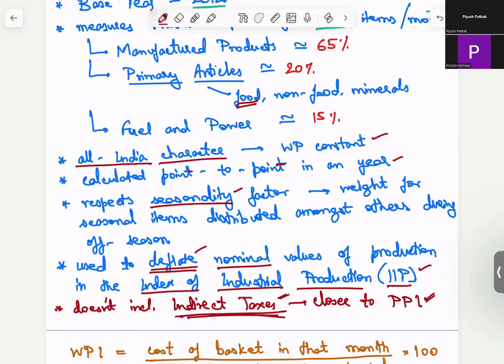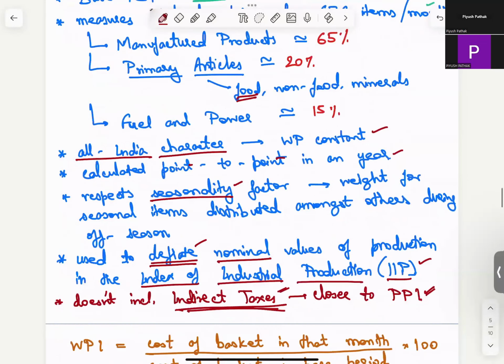Basically, it is a measure of how we are doing in terms of the manufacturing sector. Okay, so that's the index. It is not a part of the syllabus. It is not at all important, but just to give you a perspective that since we are talking about WPI, it uses the GDP deflator analogy to deflate these values to arrive at real IIP as compared to nominal IIP.